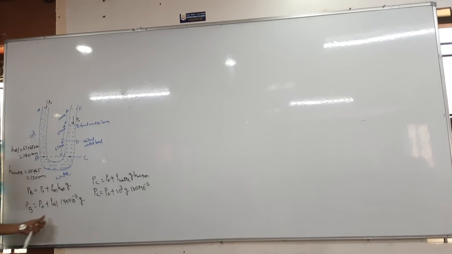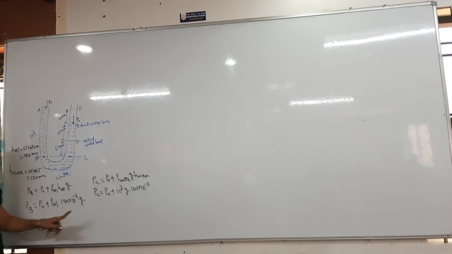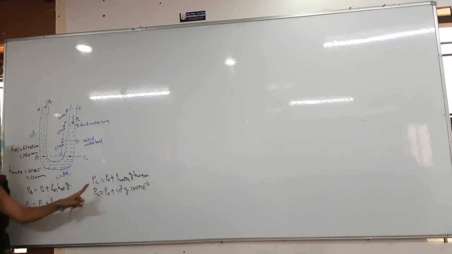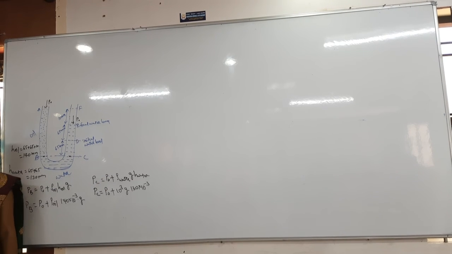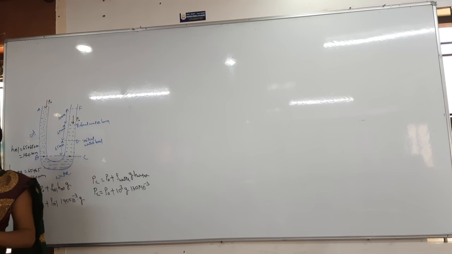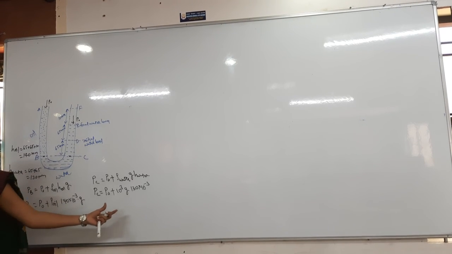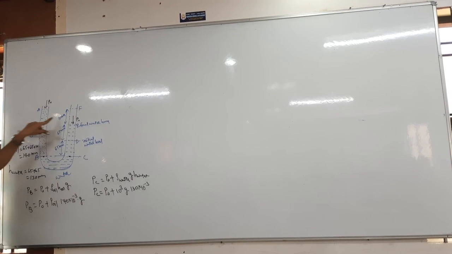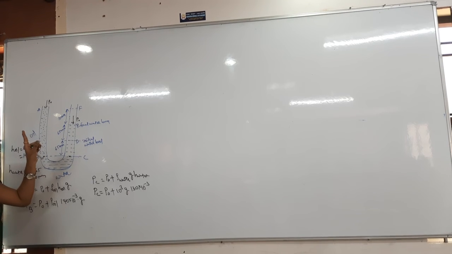So PB is equal to PC. What gets cancelled here? P naught gets cancelled, g gets cancelled, 10 power minus 3 also gets cancelled. Always remember that rho into height on one side equals rho into height on the other side, that's it. There is no need to write this much of equations. You will get the answer there only.